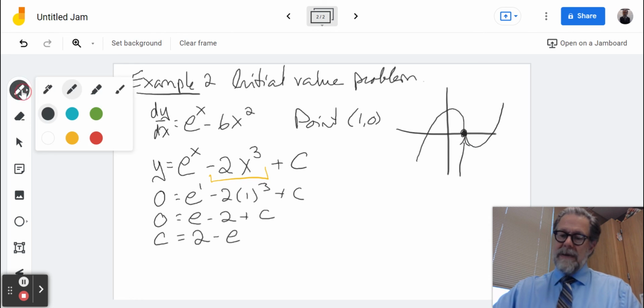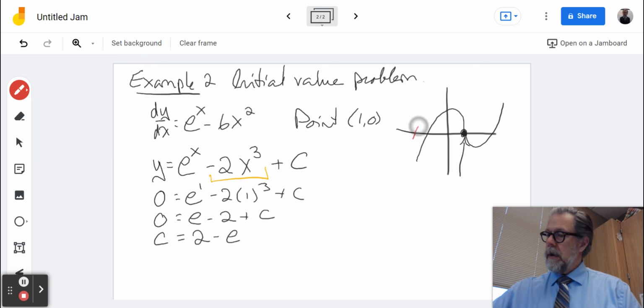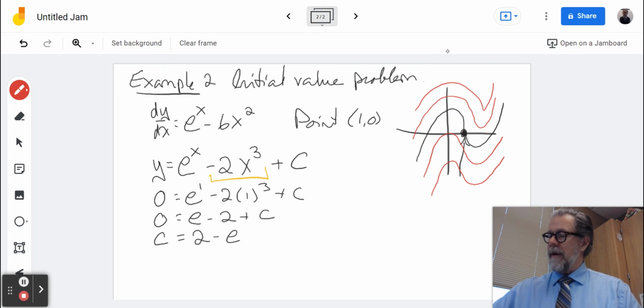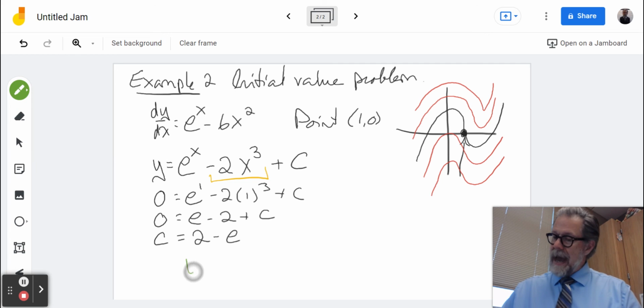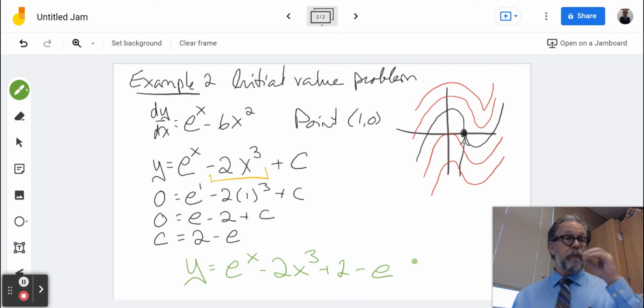All of the other functions that have the same derivative have the same slope at every single point, but only one of them goes through the point 1, 0, which means that my function has to be y equals e to the x minus 2x cubed plus 2 minus e.